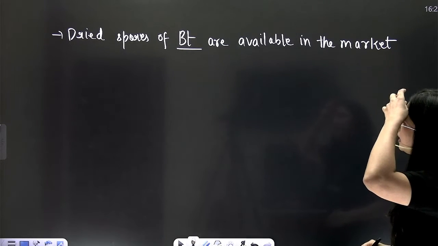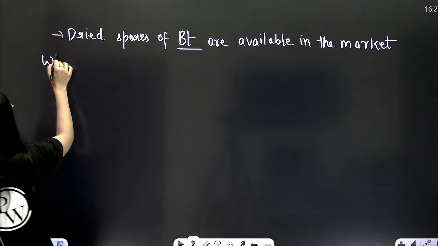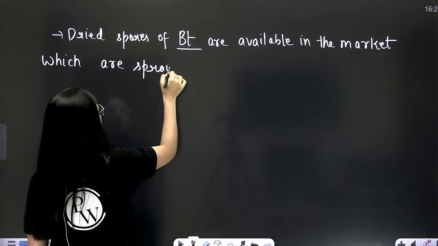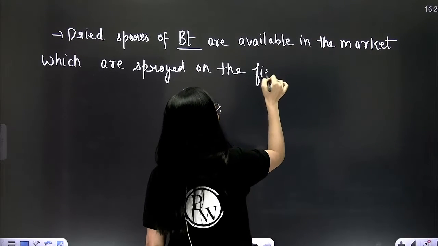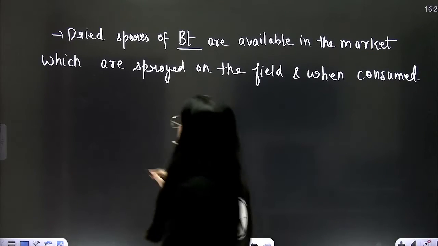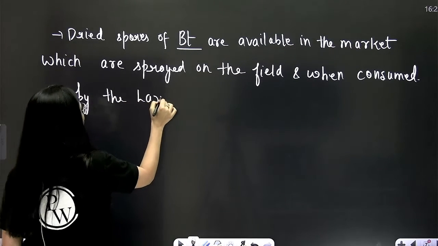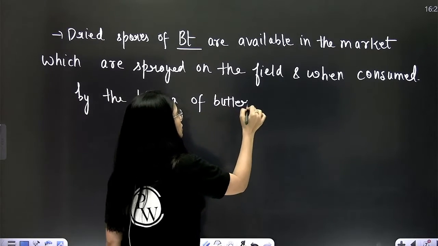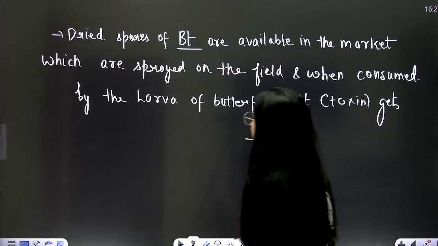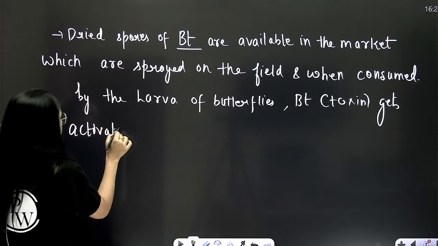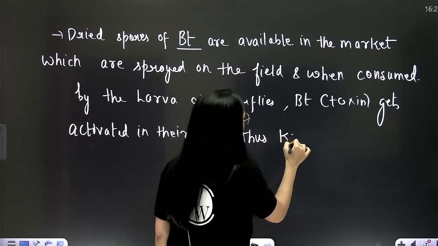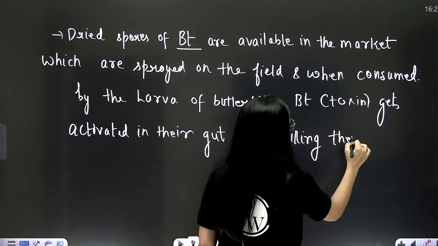Right? So dried spores of BT are available in the market, which are sprayed on the field, and when consumed by the larva of mosquitoes or butterflies, BT as a toxin gets activated in their gut, thus killing them.